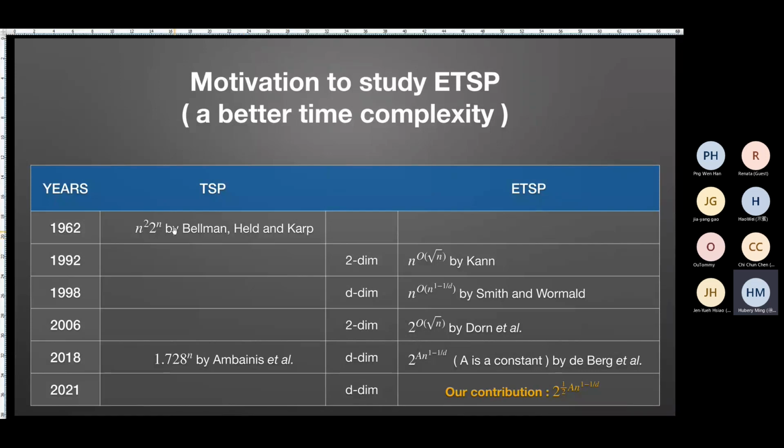And this time complexity was the best until 2018. And then, combining the idea of Bellman and using a quantum minimum finding algorithm, a quantum algorithm was designed that could improve the result from Bellman.